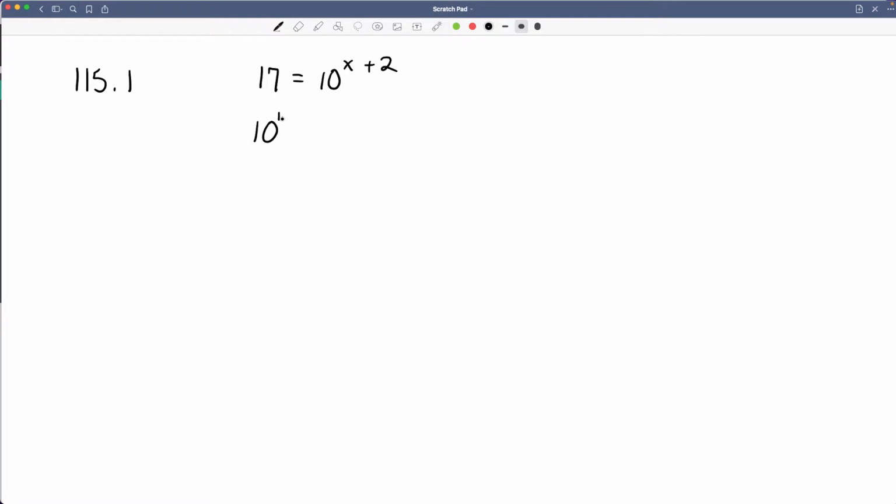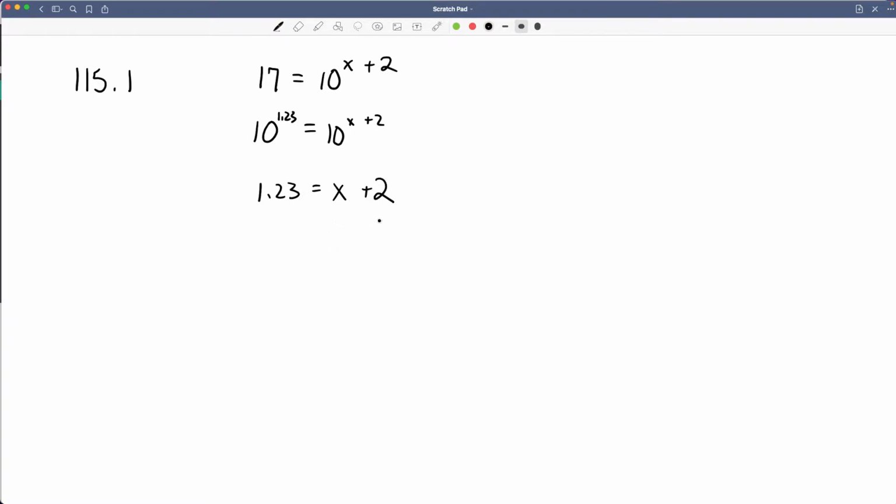So 1.23 here is equal to 10^(x+2). So now we're going to drop the bases and figure out what x is equal to so that we can solve for x. So we drop the bases and say 1.23 is equal to x plus 2.